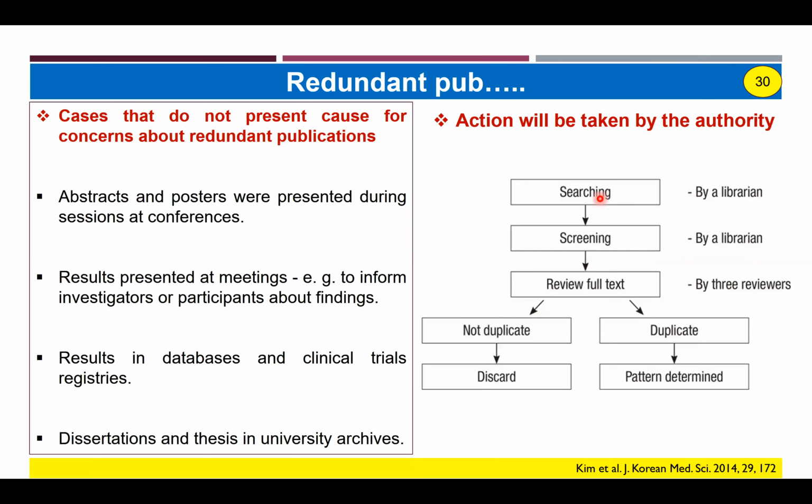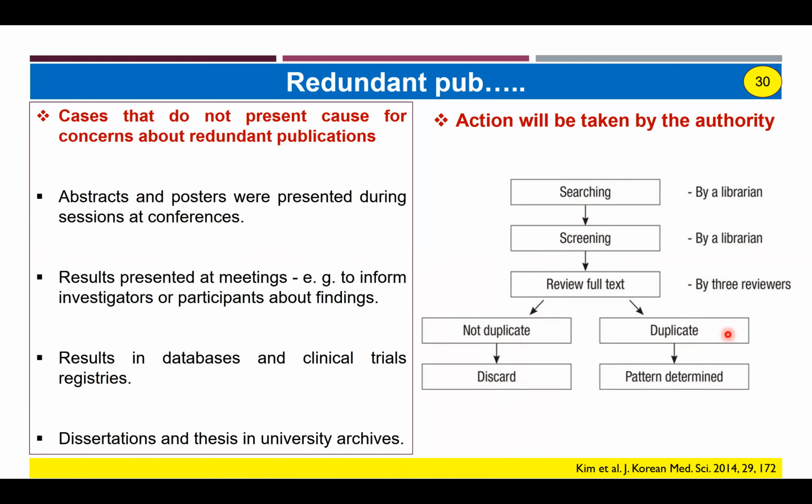The librarian will start searching and a screening process will be done, and then they will call three or more reviewers, sometimes four. If the reviewers find no duplicate content, they discard the case and declare it does not fall in the category of redundant publication.